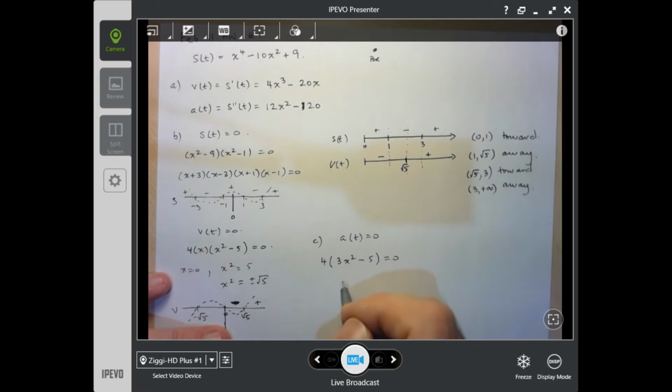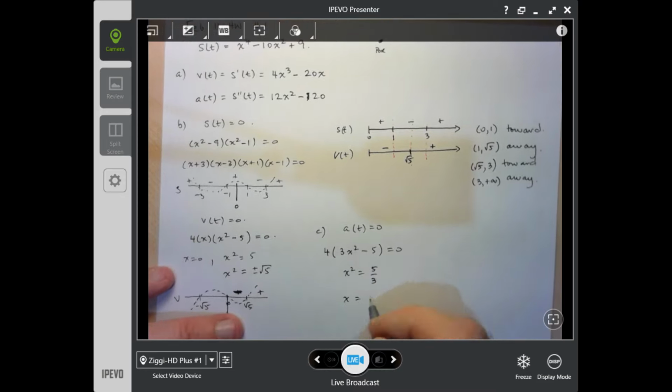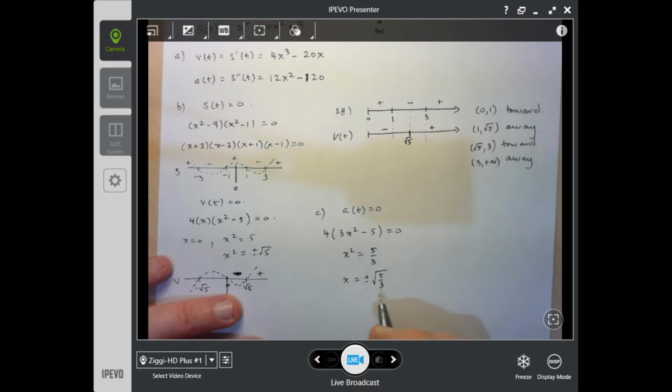And so this is going to be x squared has to be equal to 5 over 3. Just solve this equals 0. So x has to be equal to plus or minus square root of 5 over 3. Okay, and if we draw ourselves a little number line here, okay, we notice that this is just a quadratic with a positive leading coefficient.